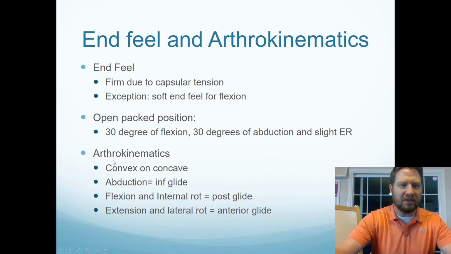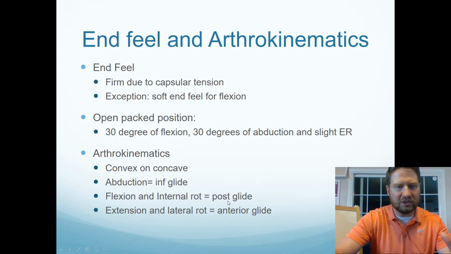We talked about the arthrokinematics. With abduction, you have an inferior glide. With flexion and internal rotation, it's a posterior glide. And with extension and lateral rotation, it's an anterior glide. Do me a favor and draw an arrow out to the side and write, it is a posterior glide.